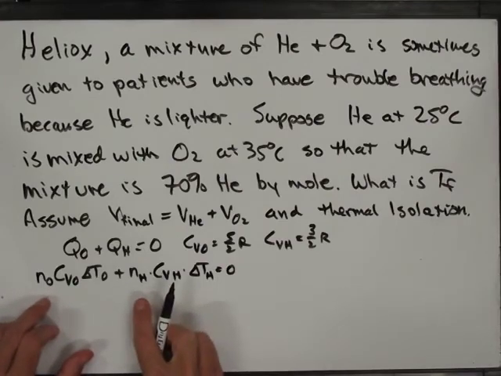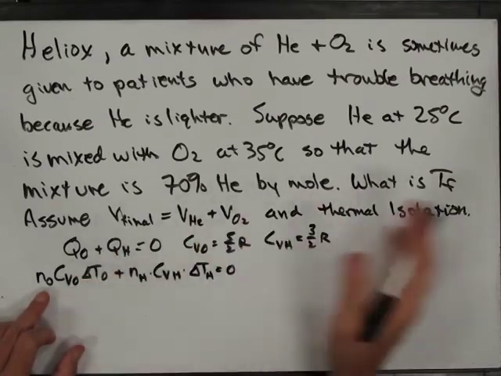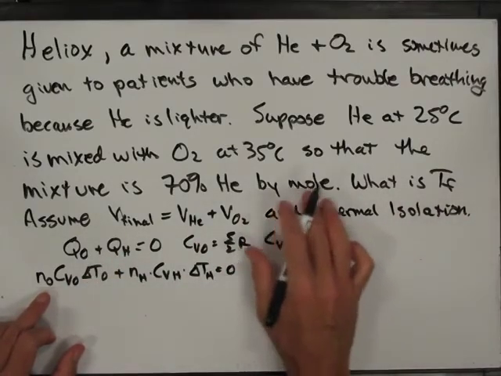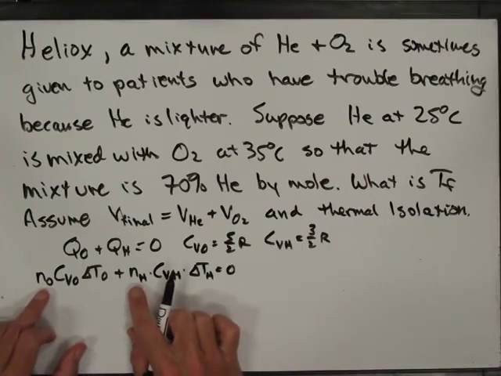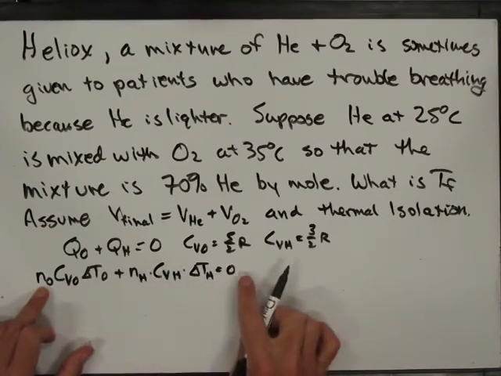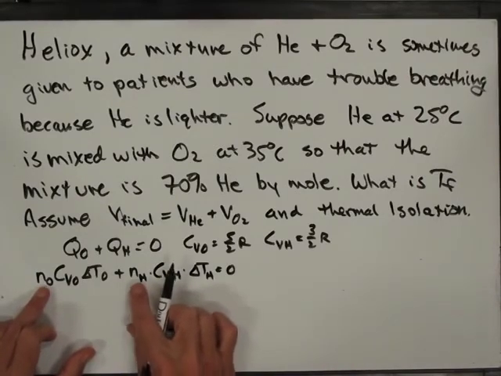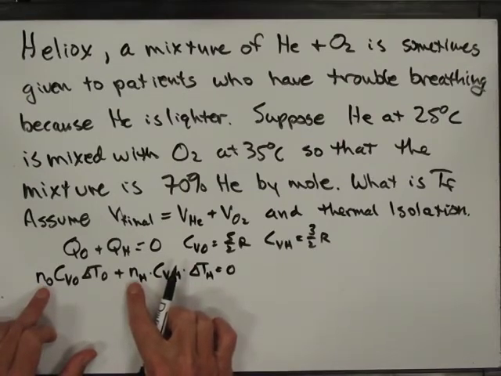And you kind of have to recognize, I guess, that we don't have a fixed volume here. All they're telling us is the proportion. And so we can just say, look, this is going to be 0.7 and this is going to be 0.3. They could be times something, but you would just divide that out. And so if I get the proportion right on these things, I can just do fractions of 1 mole, and I can say that's 0.7 moles and that's 0.3 moles.